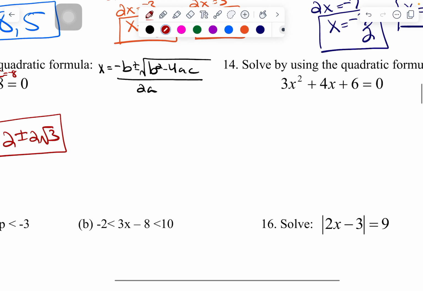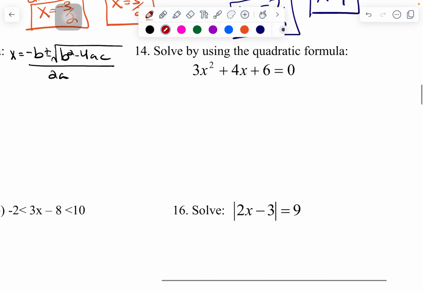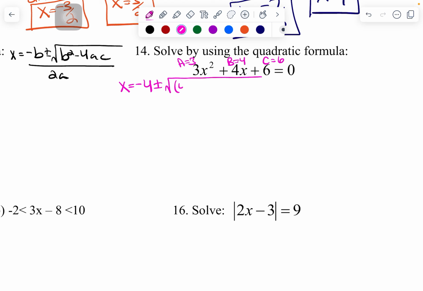I'm going to slide on over to do number 14 here, which is the same kind of problem. In this case, a is equal to 3, b is equal to positive 4, and c is equal to 6. So x is equal to the opposite of b, so negative 4, plus or minus the square root of b squared minus 4ac all over 2 times a.